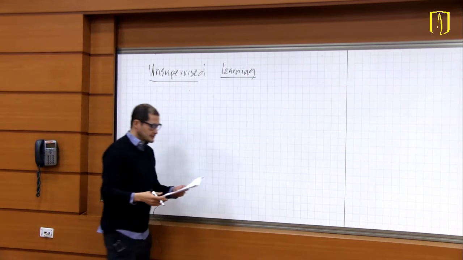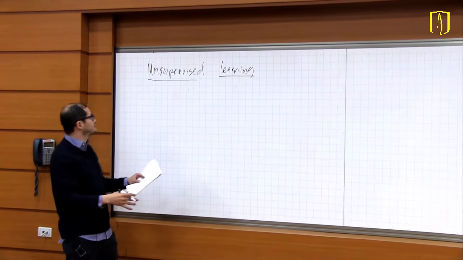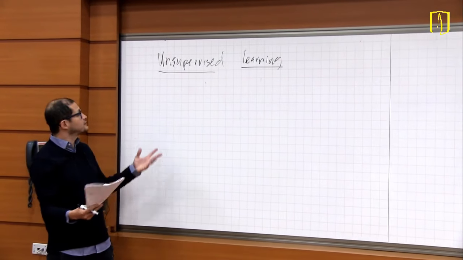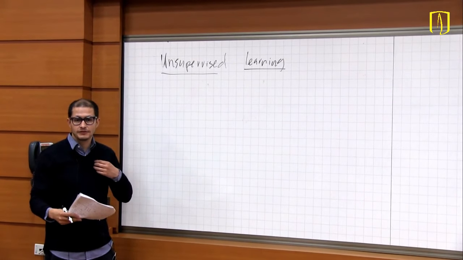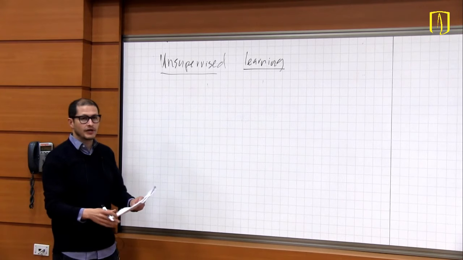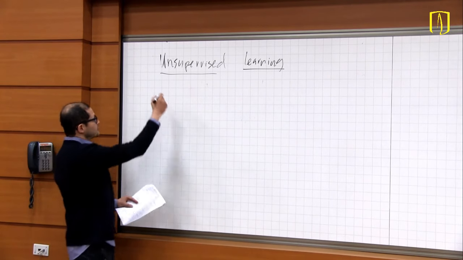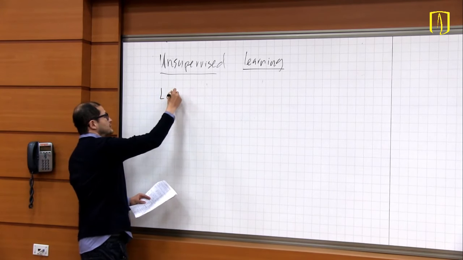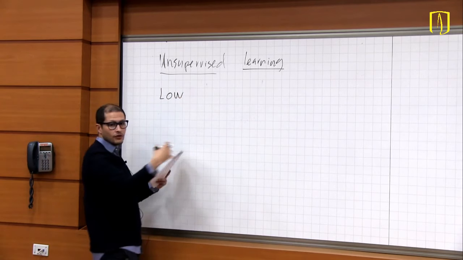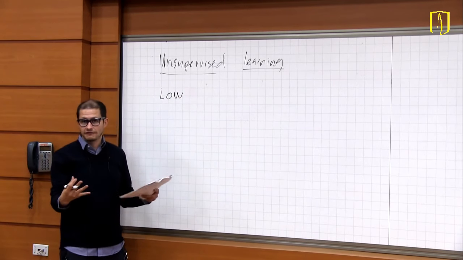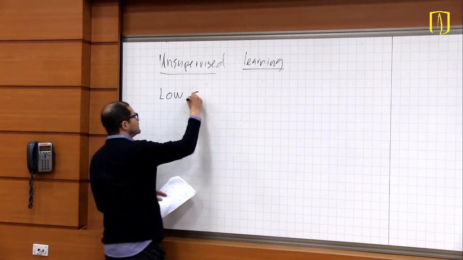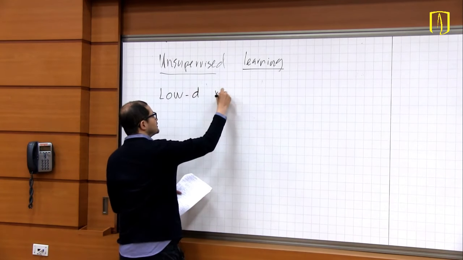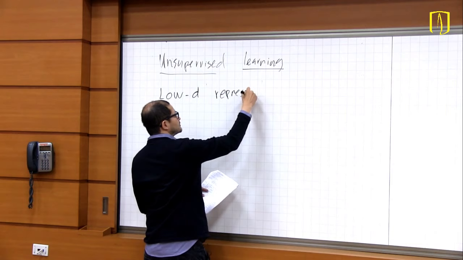As I was saying yesterday, you can have many different types of situations or settings when you're doing unsupervised learning. One of the ones we mentioned was this idea of finding low-dimensional representations of your data sets.